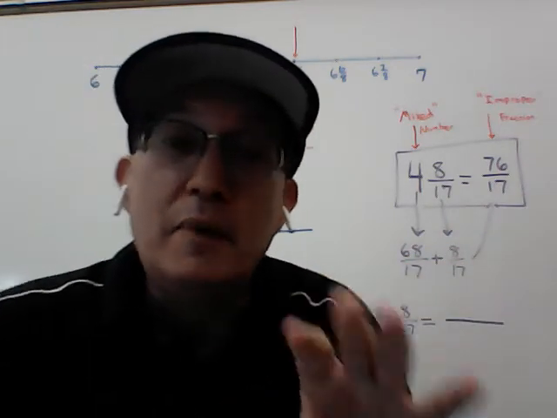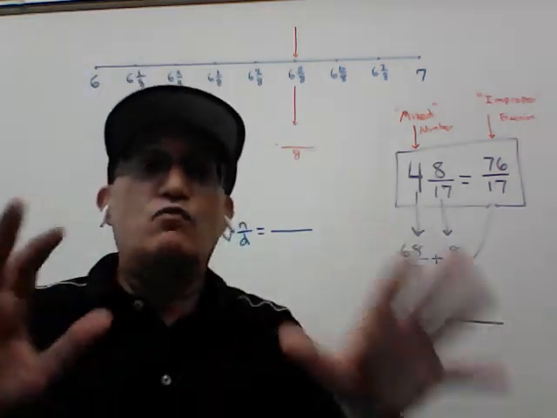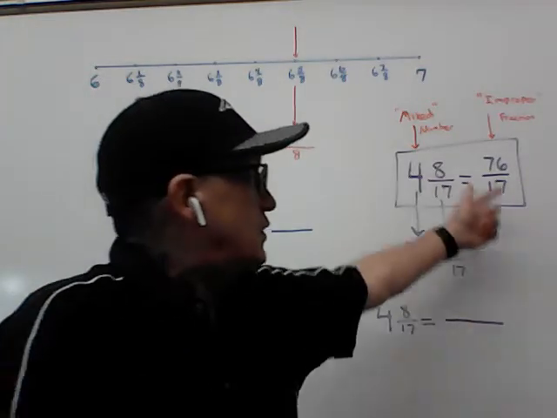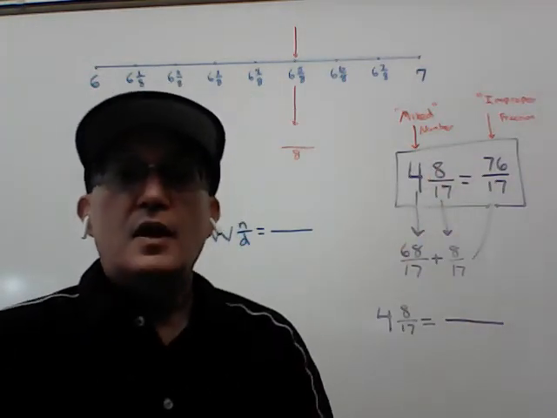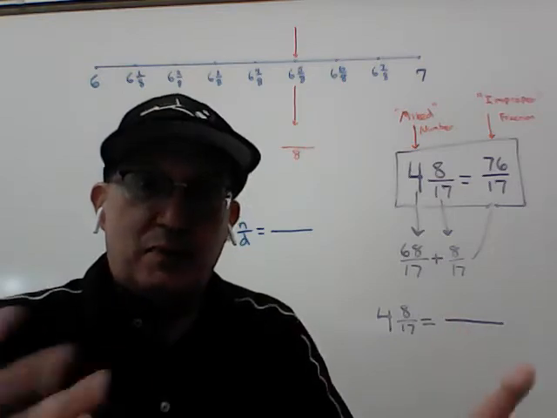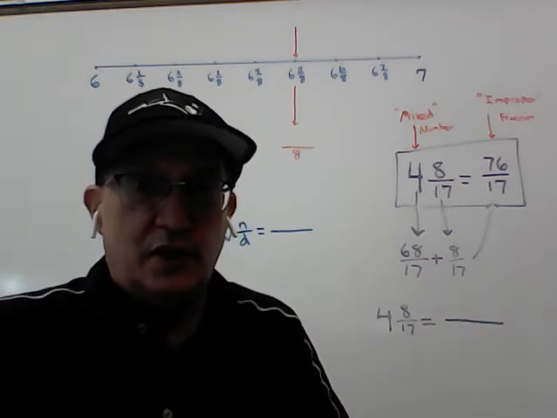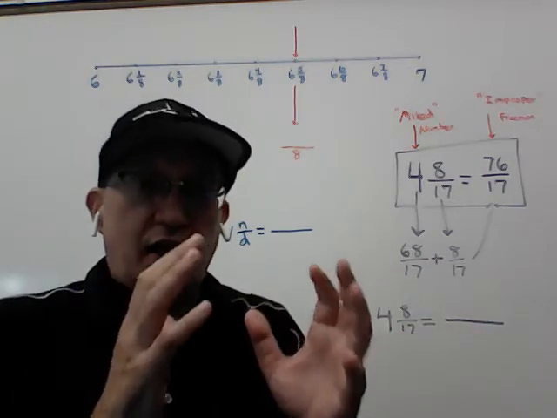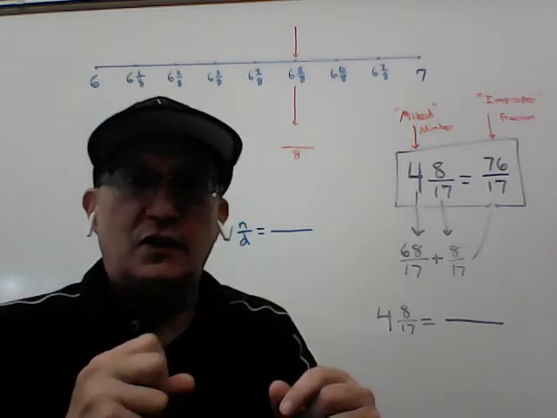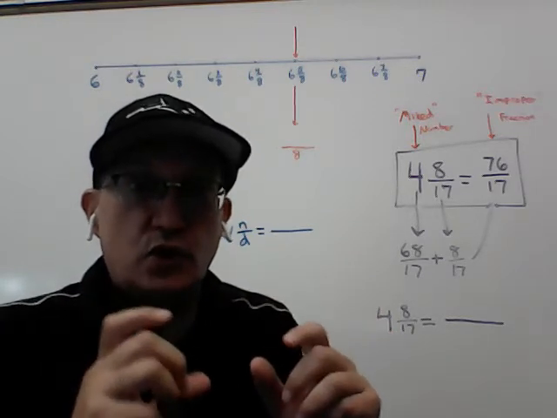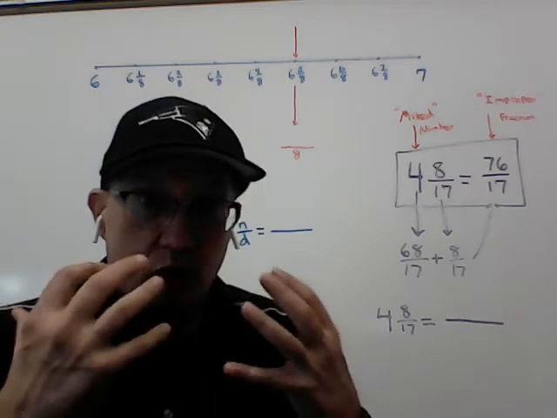But I'm here to tell you it's not bad. There's nothing wrong with 76 seventeenths. It's a perfectly good number. The reason that it's picked up this name improper through the years is because if we just look at it in isolation, 76 seventeenths, it's easier to understand its value, easier to comprehend it.